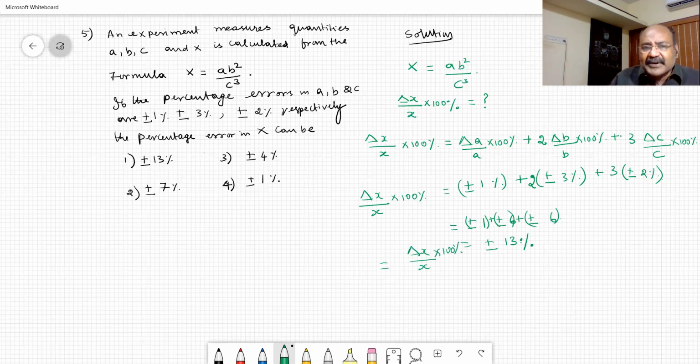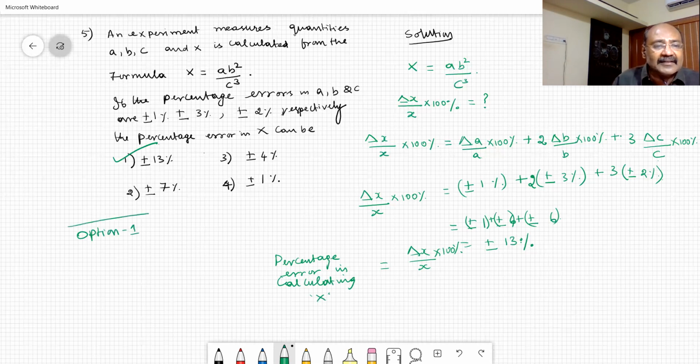This is the percentage error in calculating X. This is called the percentage error in calculating the value of X. Hope you should have understood. So what is the answer? The first one is the answer. So what is the option then? Option 1 is the answer.